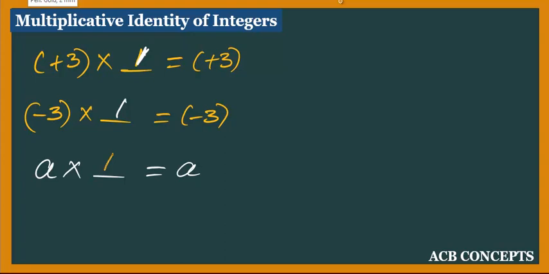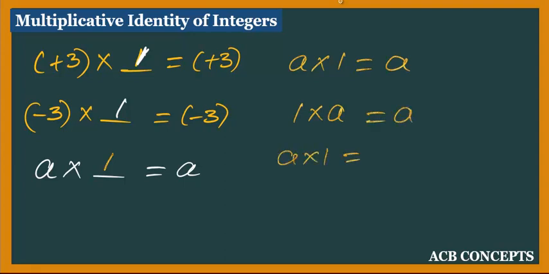So from these examples, what you can write, a is an integer, a into 1 is equal to a, and 1 into a is equal to a, or a into 1 is equal to 1 into a is equal to a.